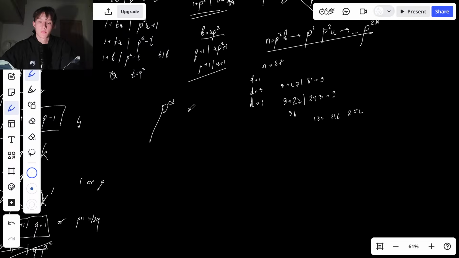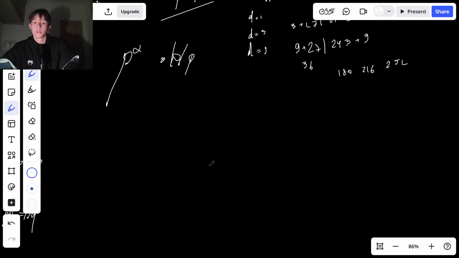Does that work? And odd primes. Odd p. Oh gosh, okay, I mean at least we solved it. We just need to check p to the power of alpha plus p to the power of beta. So this is p to the power of alpha plus beta.